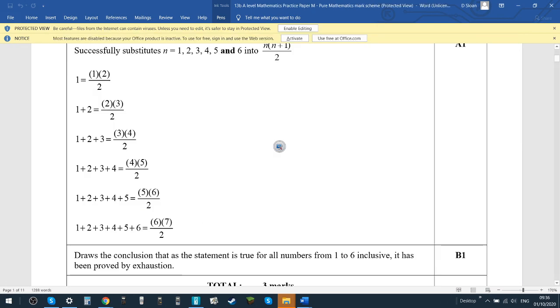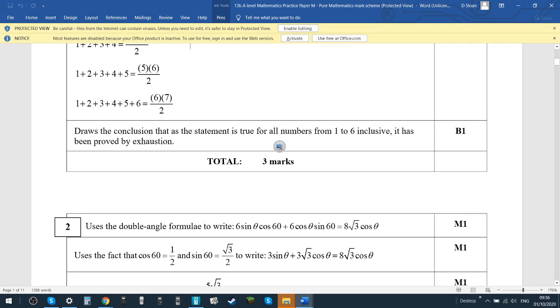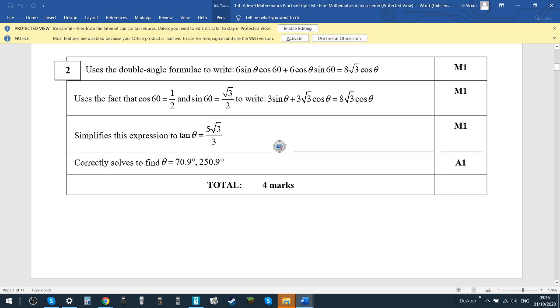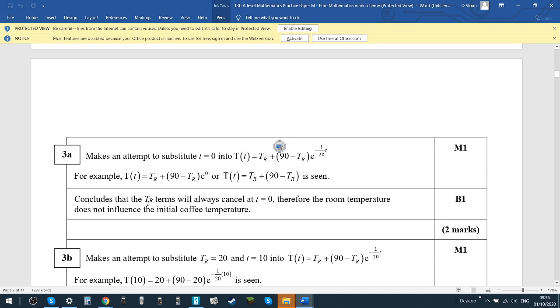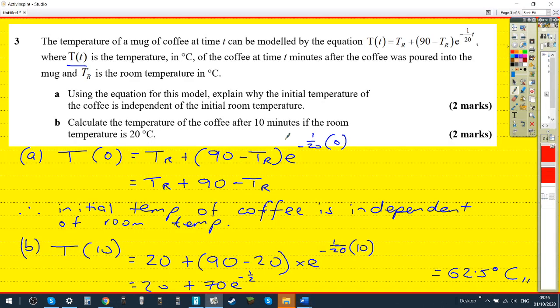I'd just like to see exactly how they phrased part A. Second part: concludes that the TR terms will always cancel. Oh, could we have simplified? That's what we needed to do: simplify part A. Oh yeah, that'll just be 90.